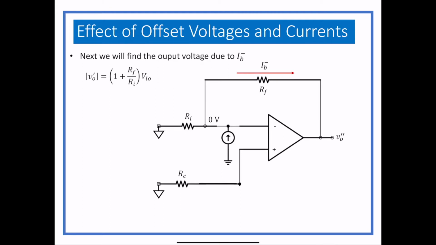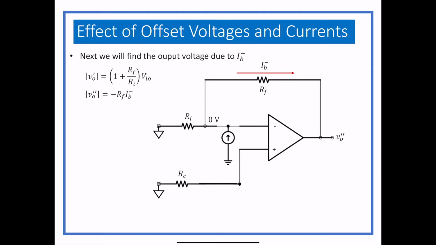So the voltage that appears at the output is just, using Ohm's law, going to be IB minus times RF, but the current's going to be going opposite to the direction of the actual voltage. So we're going to get minus RF times IB minus, and that gives us how much that particular offset is being used in the circuit.